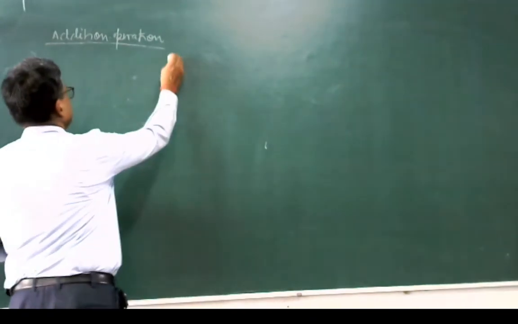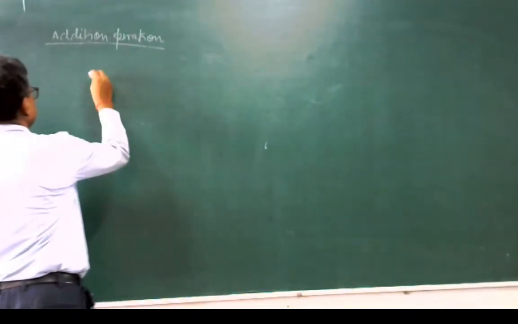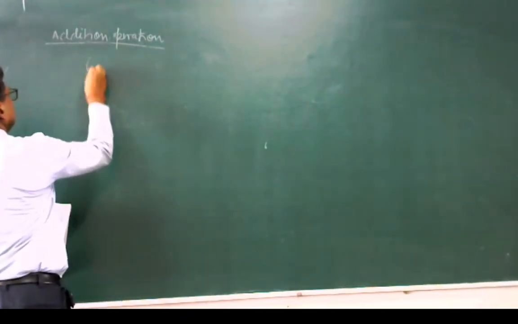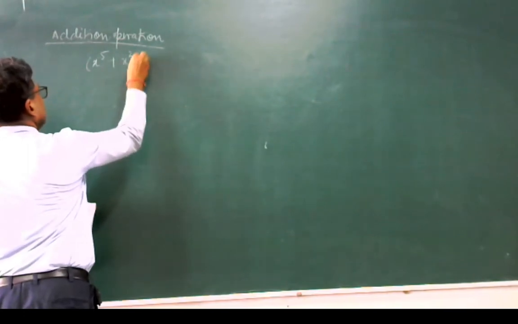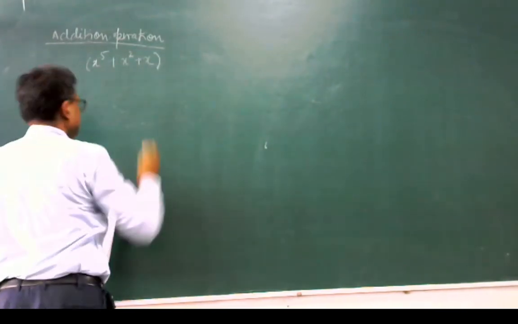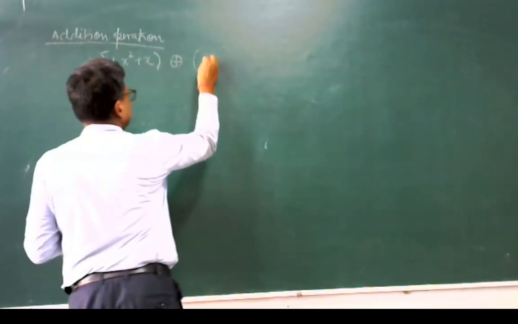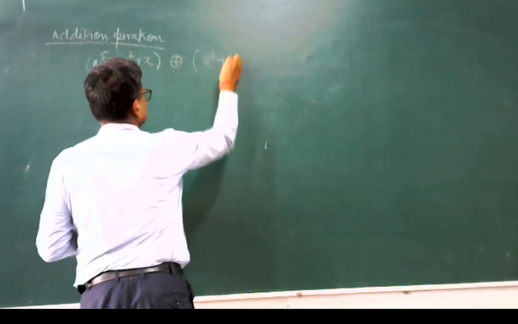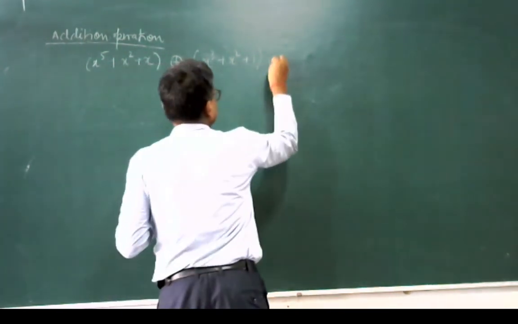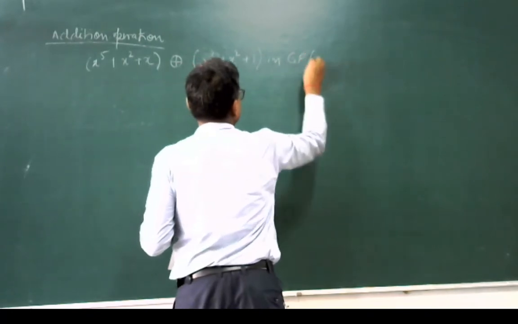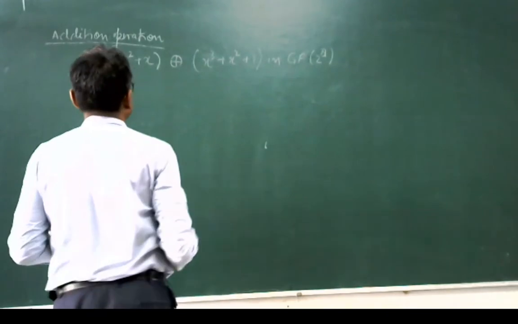Suppose we have to do the addition operation for two polynomials. The first polynomial is x^5 + x^2 + x, and we have to add it with another polynomial, that is x^3 + x^2 + 1, and it is defined in the GF(2^8) field. Then what will be the value of this addition?